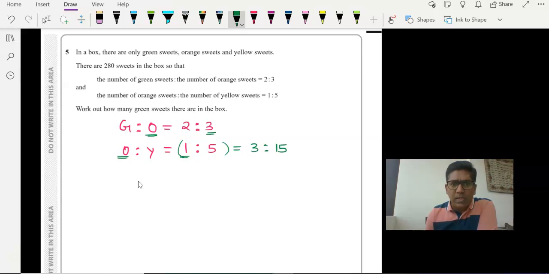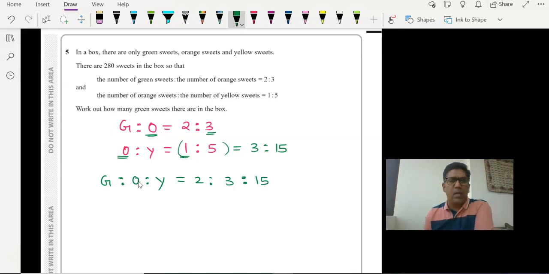Now it is the same, so I can combine the two ratios. So green is to orange is to yellow is 2:3:15. When you add up all the parts, 2 plus 3 plus 15, that is a total of 20 parts.